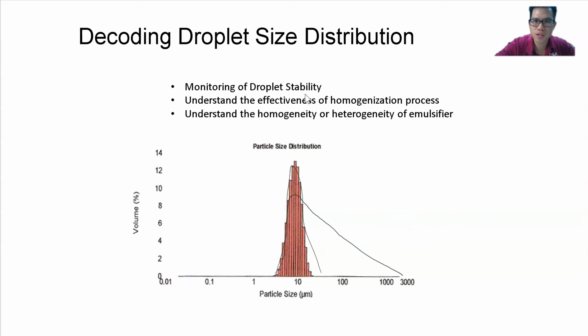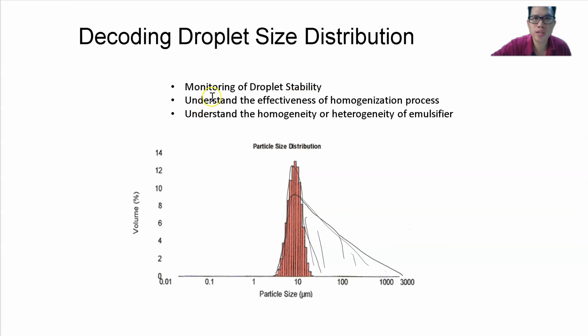Instead of a sharp peak, the curve shifted over here, which means you now have very small droplets and very large droplets. When it shifts, you know that it has become unstable. It can be due to coalescence, or it can be due to flocculation.